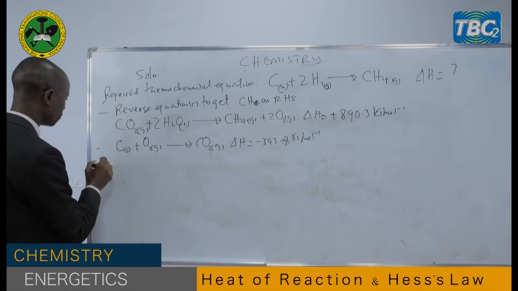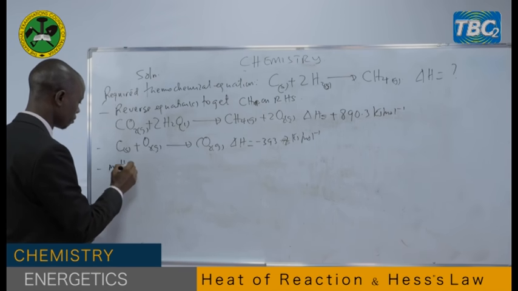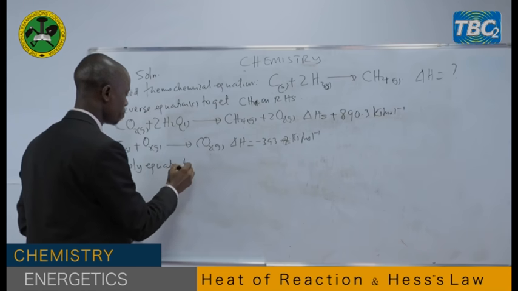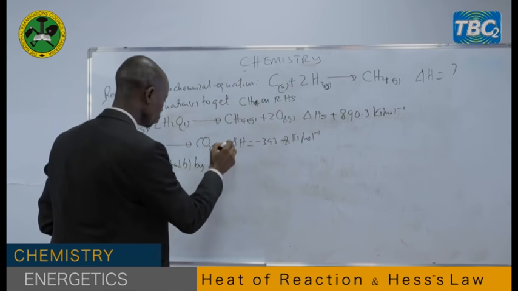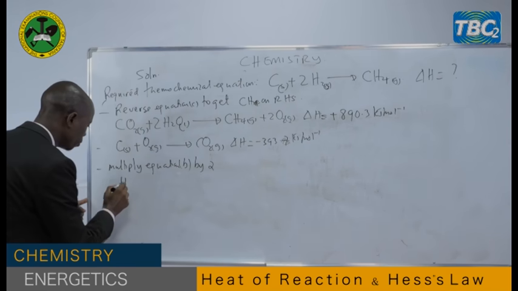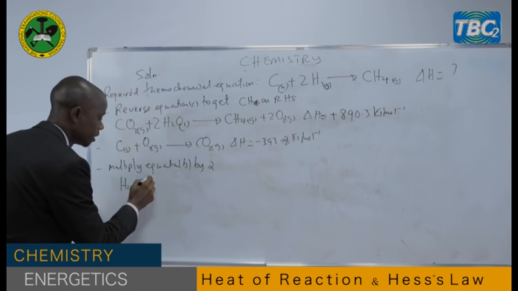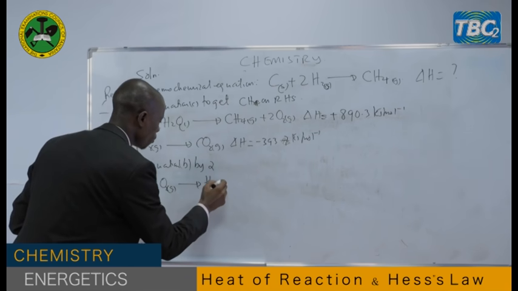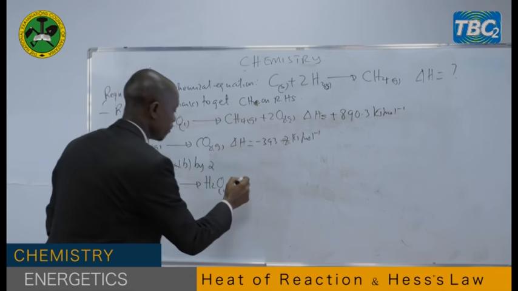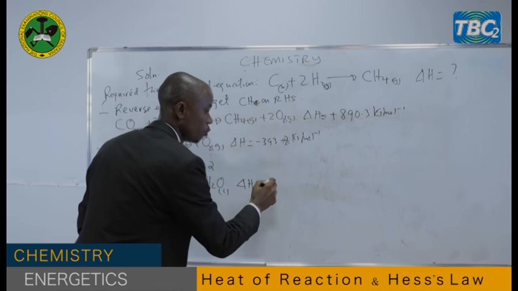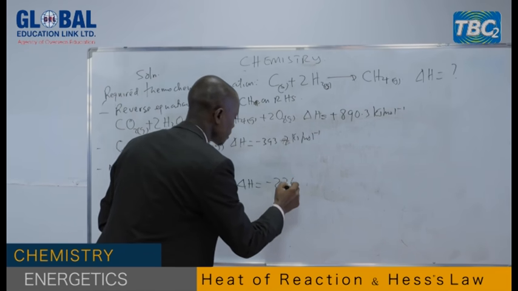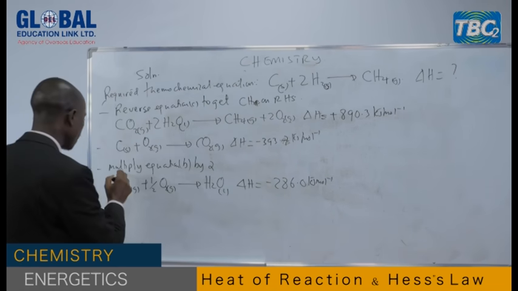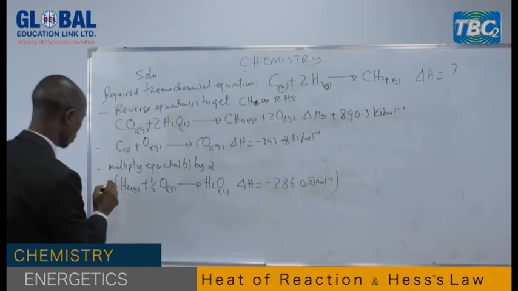So multiply equation B by 2. Hydrogen gas reacting with a half oxygen gas to give water liquid. The enthalpy change for this reaction is negative 286.0 kilojoules per mole. You multiply all of this equation by 2.